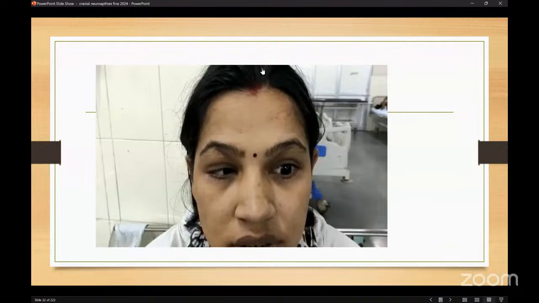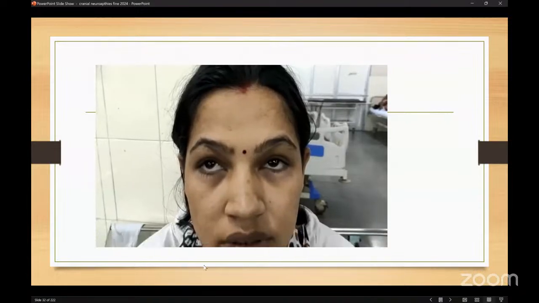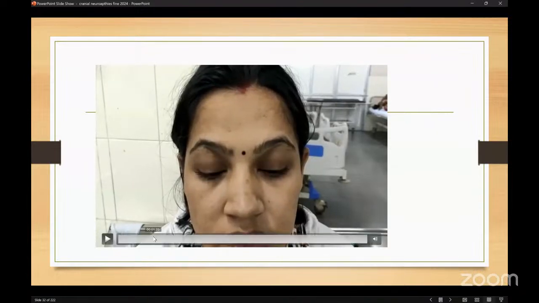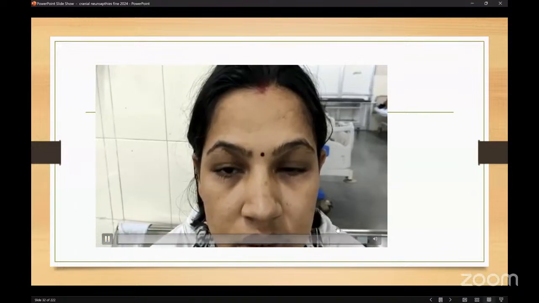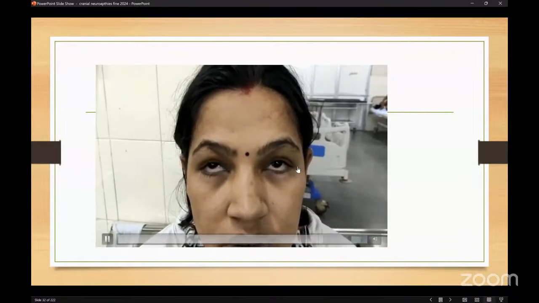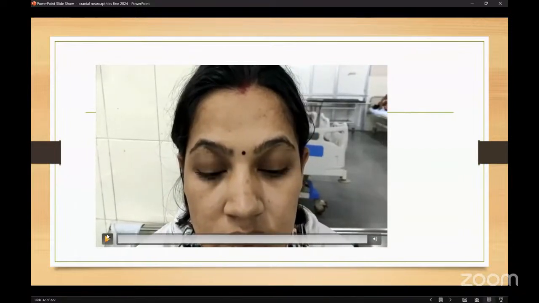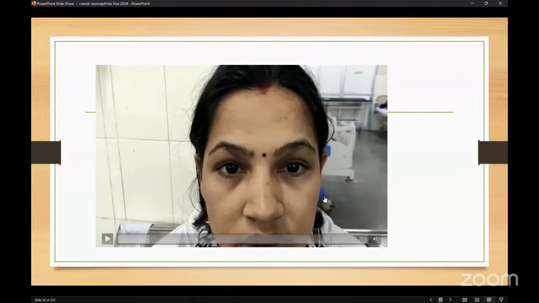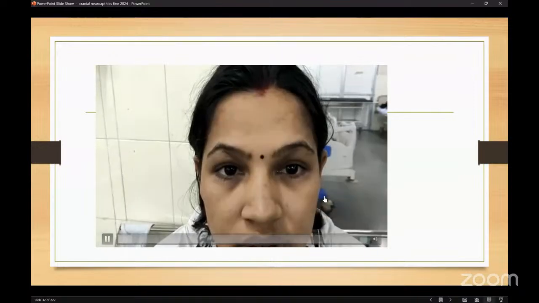Okay, so it's a bilateral Duane retraction. Again, you can see here. Now, when she's trying to look to the right side, the abduction is not happening. And so this is bilateral Duane retraction.